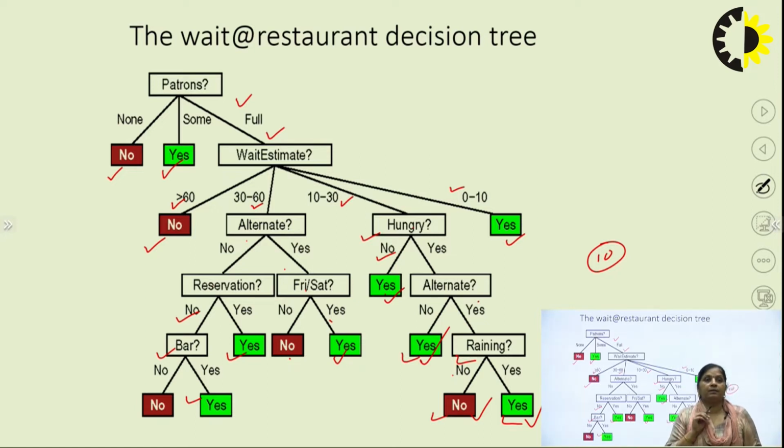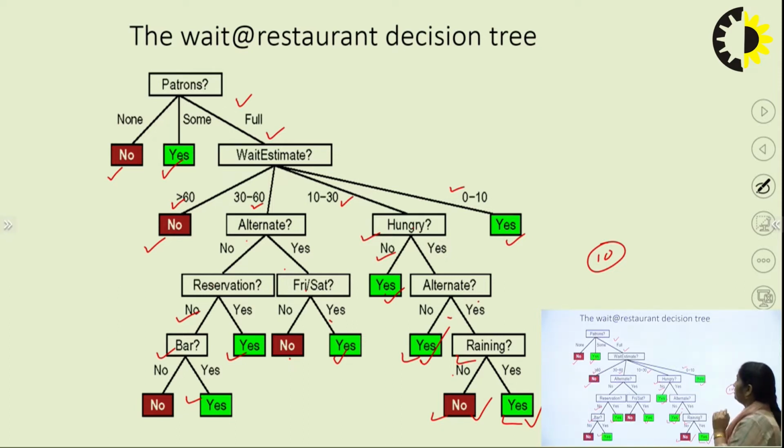So the point is, in internal nodes we make a test, then according to that test we decide which branch to take, and according to that we decide whether we have to wait or not. So that is the wait at restaurant decision tree. So this is our decision tree.